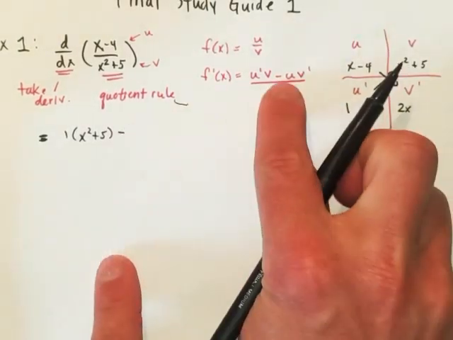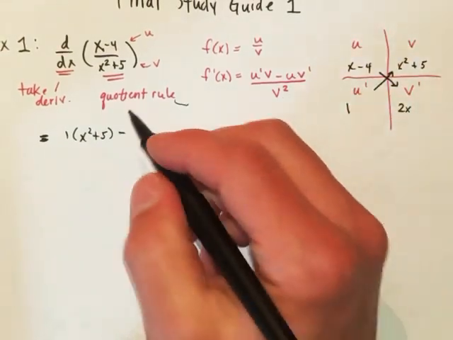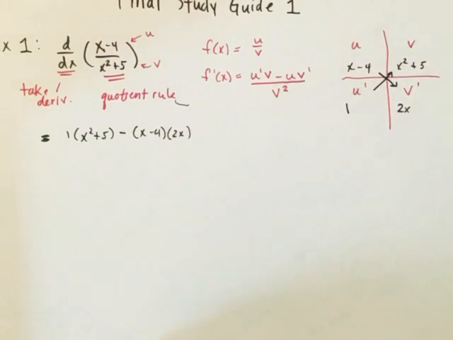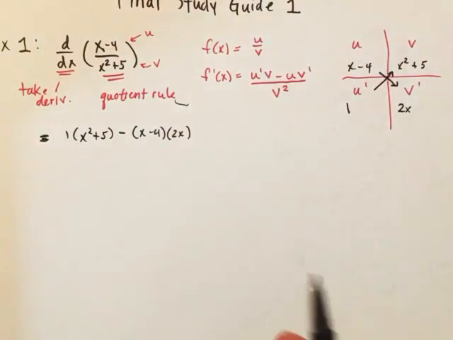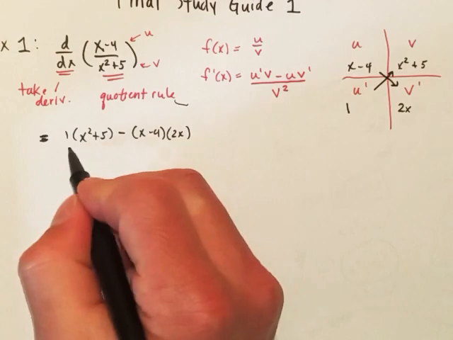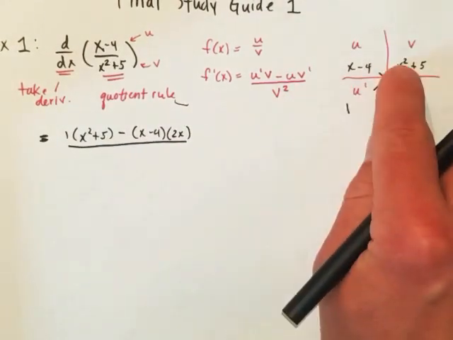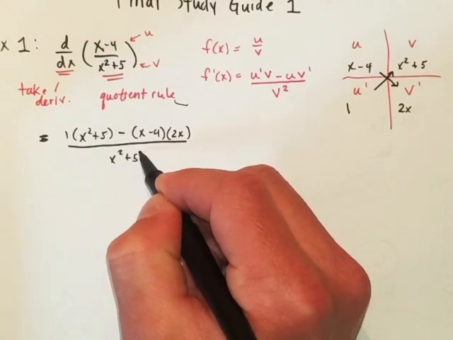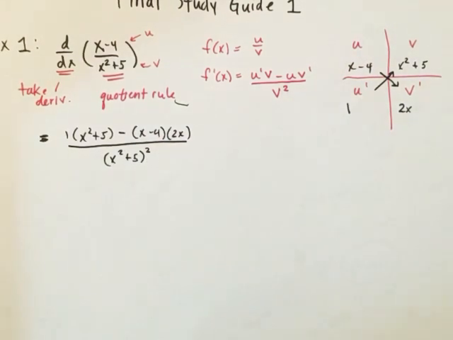Do not forget the minus. We're subtracting those two products. u times v prime, so x minus 4 times 2x. I like to use parentheses to show grouping and to show my multiplication there. And then finally, I have to put that all over v and square it. So there's v. I've got to square that whole thing. Once again, I'll use parentheses to show that I'm squaring that whole thing.